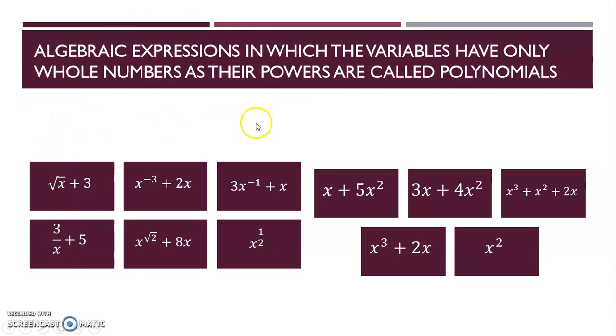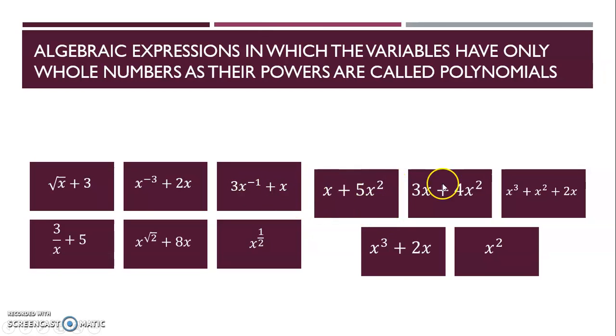So from all the algebraic expressions, if you take the expressions in which the variables have powers as whole numbers, such expressions are called polynomials. So these are not polynomials because here the power of the variable x is not a whole number.